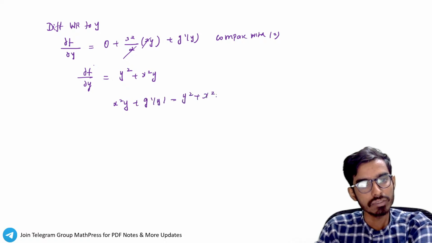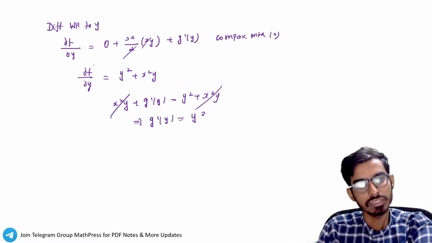Comparing with dou f by dou y equal to y square plus x square y, we have x square y plus g dash of y equal to y square plus x square y. This implies g dash of y is y square.